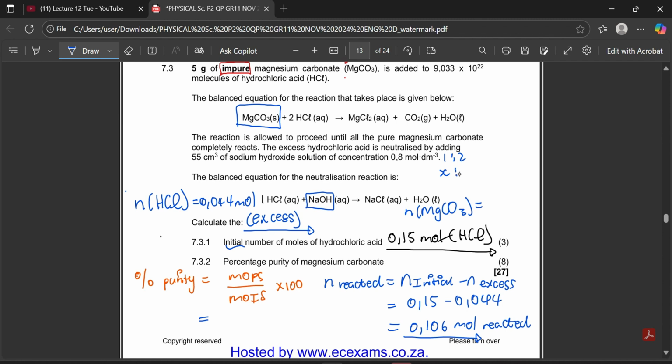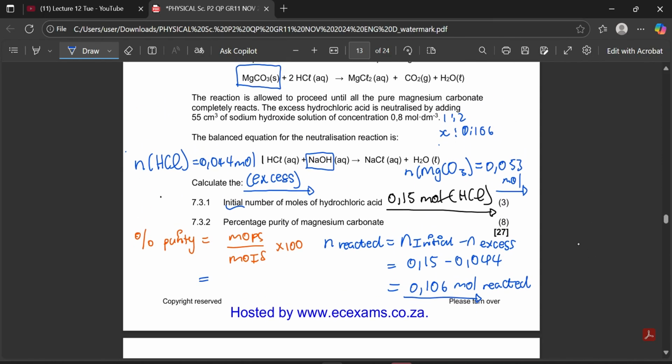I have 0.106 moles of HCl, and the number of moles of magnesium carbonate would be 0.106 divided by 2, and that gives me 0.053 moles of magnesium carbonate.